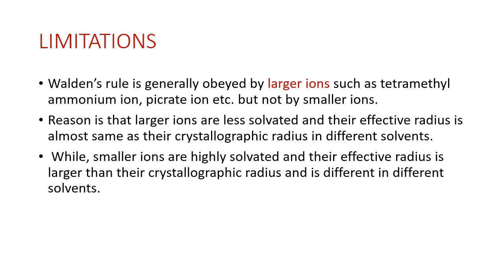Whereas in the case of smaller ions, they are highly solvated and their effective radius is larger than their crystallographic radius and is different in different solvents. So Walden's rule, that is the product of coefficient of viscosity and molar conductance being a constant, is obeyed by larger ions.